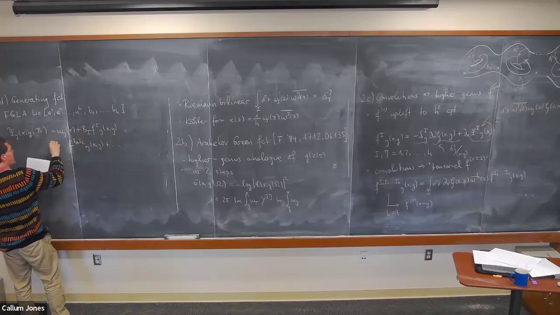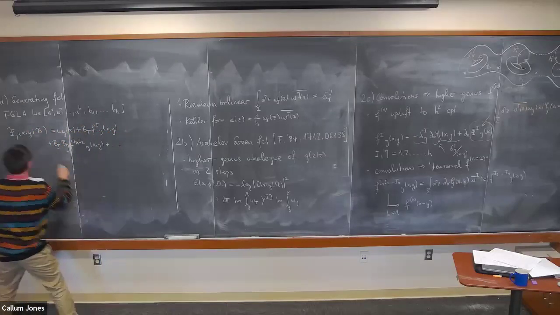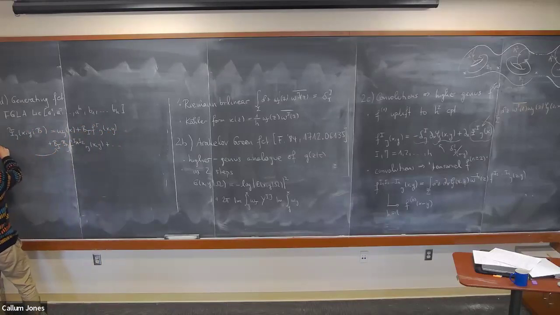So let's introduce a capital B, which is nothing but the adjoint action with respect to the little b. So this is the same construction that you saw at genus 0, genus 1. The only novelty is that these generators carry indices.